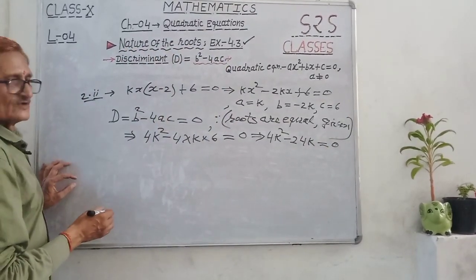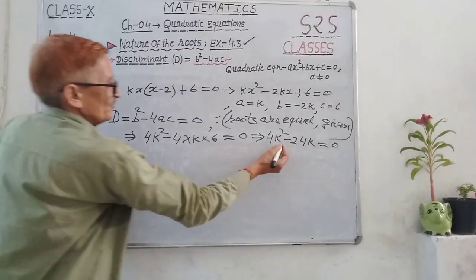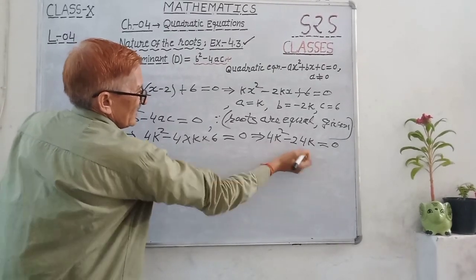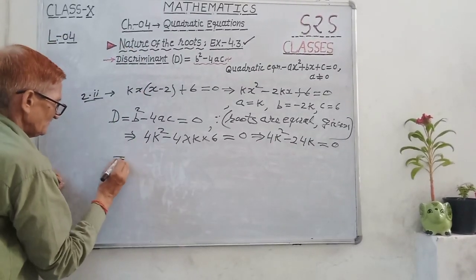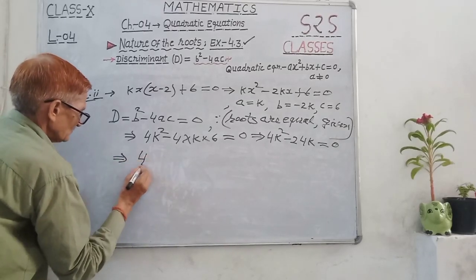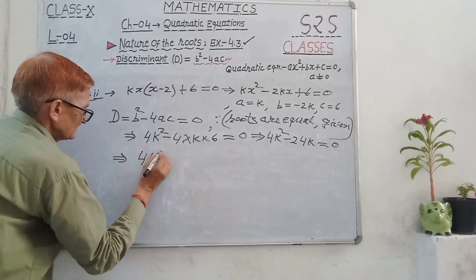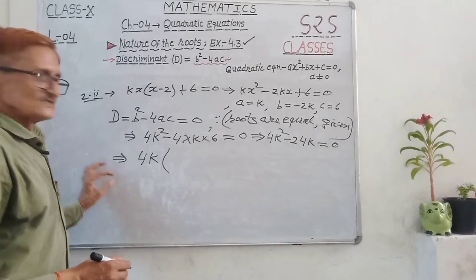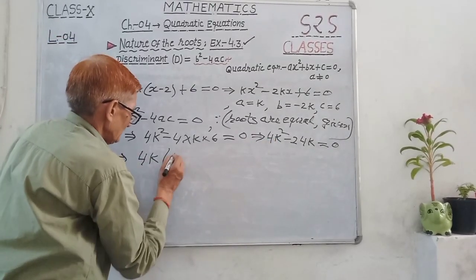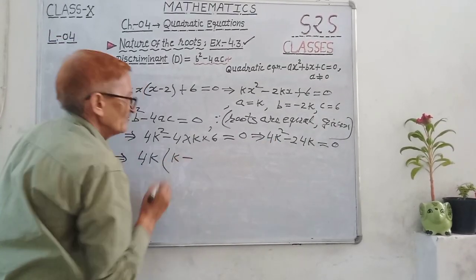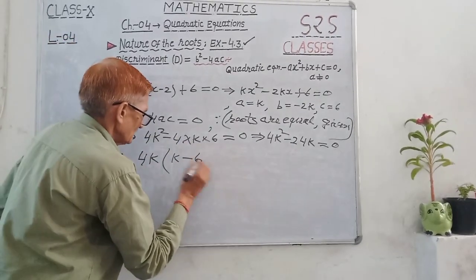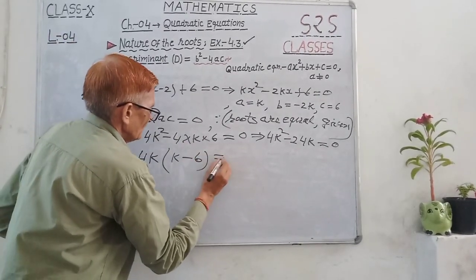Then two terms are here, so take the highest common factor. 4k is common here, then k is left here, and minus 4 times 6, 24, so 6 is equal to 0.